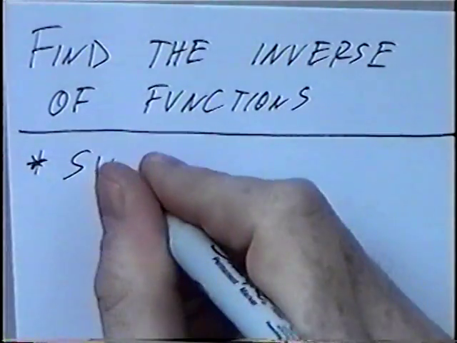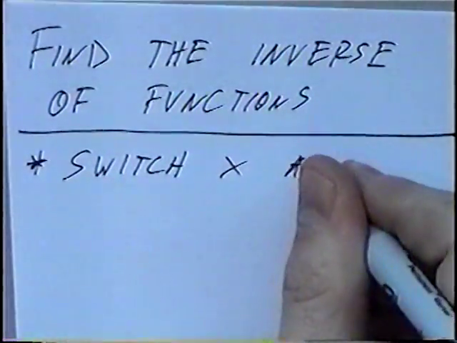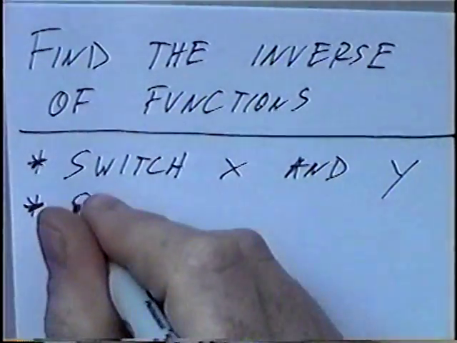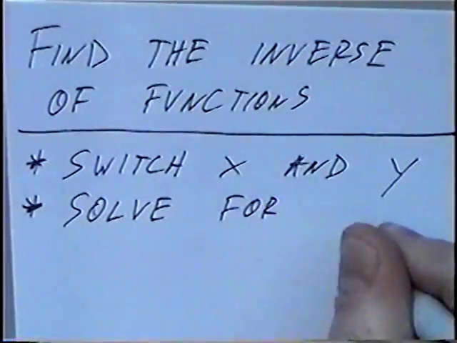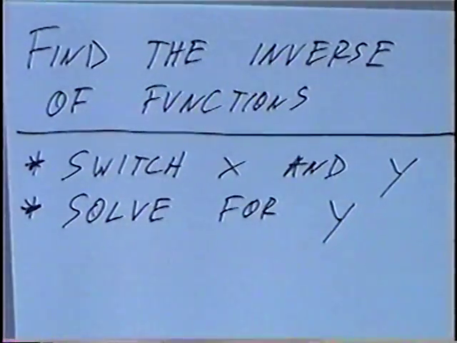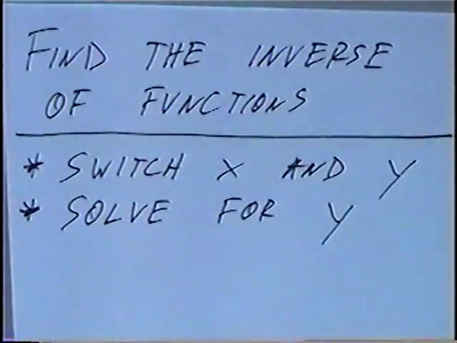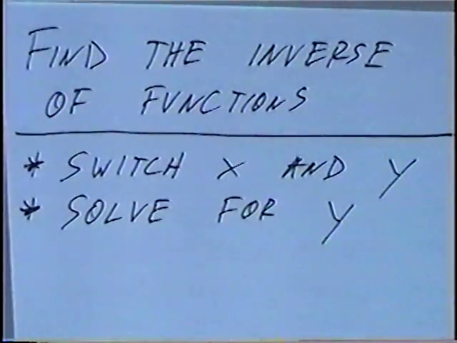The first step, switch x and y. And the second step, solve for y. So the same as the points, if we have a function, we can first switch the x and the y, and to have our final answer in y equals form, we can solve for y.